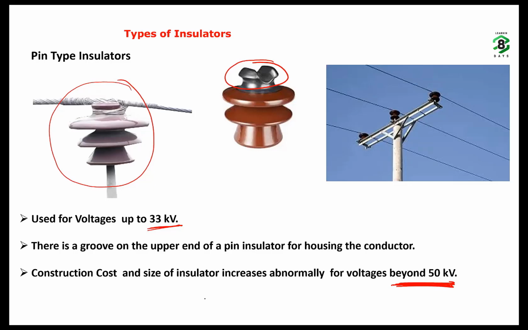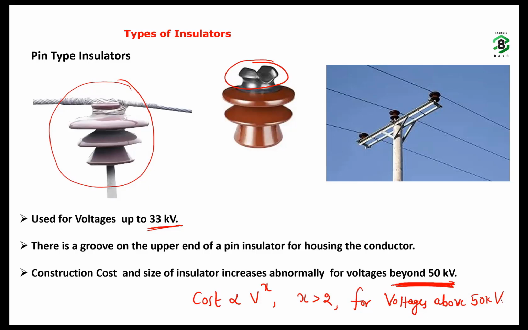That means the cost of one insulator becomes V to the power of x, where the x value is greater than 2, for voltages above 50 kV. The construction cost and size become abnormally high for higher voltages.